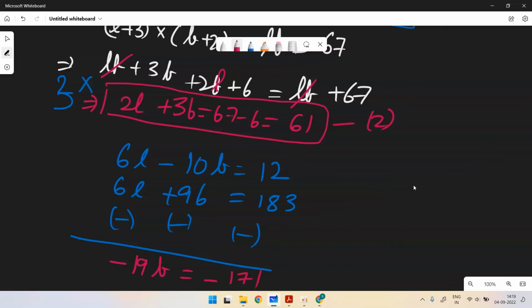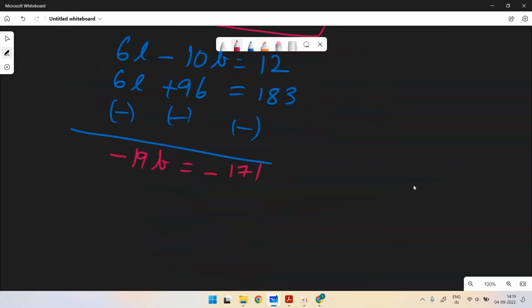So the value of B is minus 171 by minus 19, which is nothing but 9. The value of B is 9.